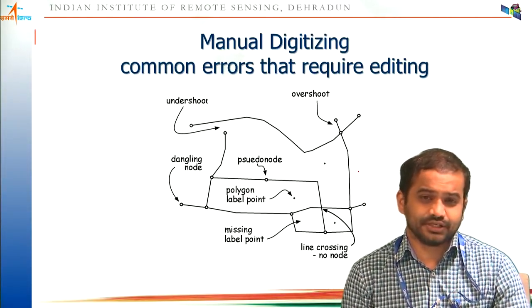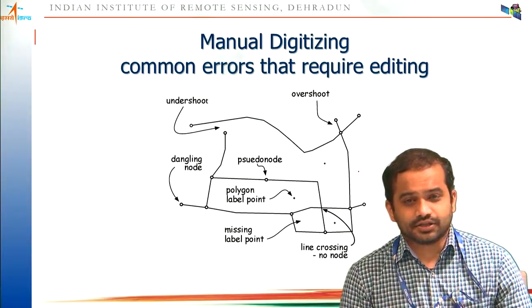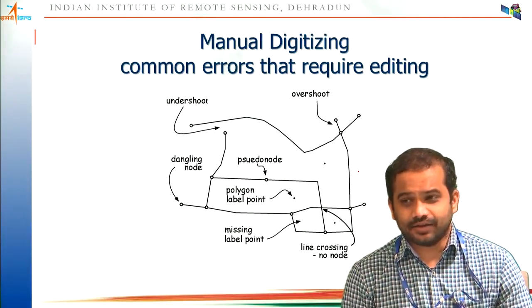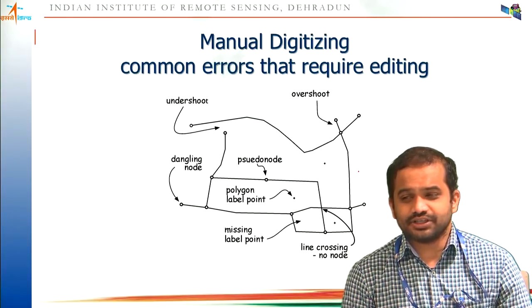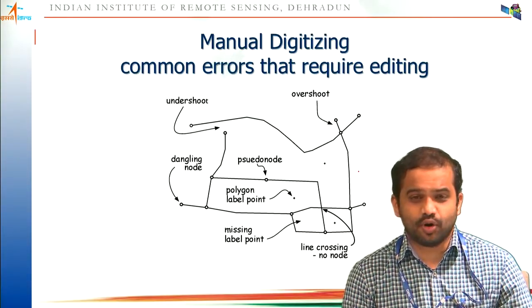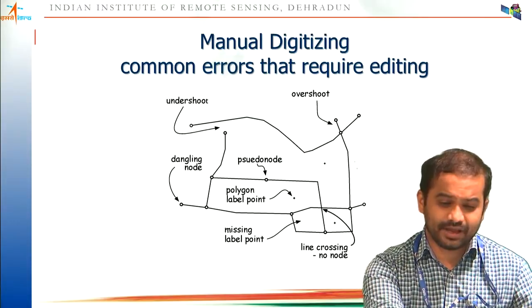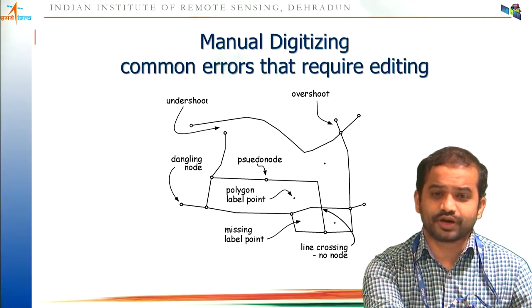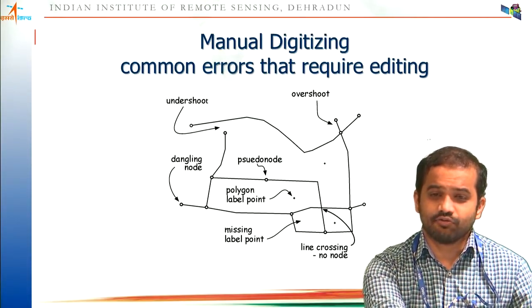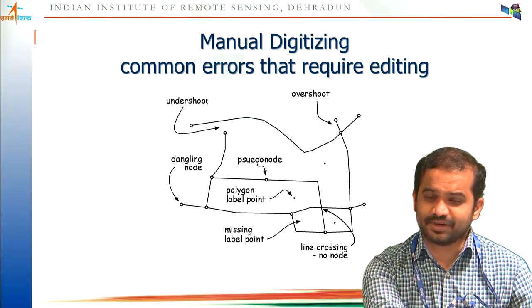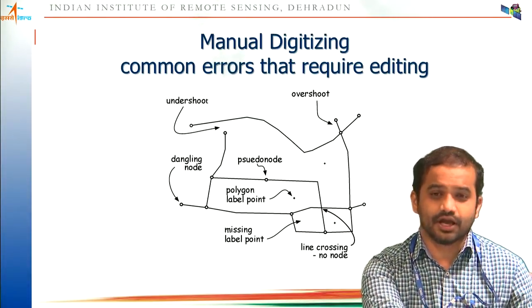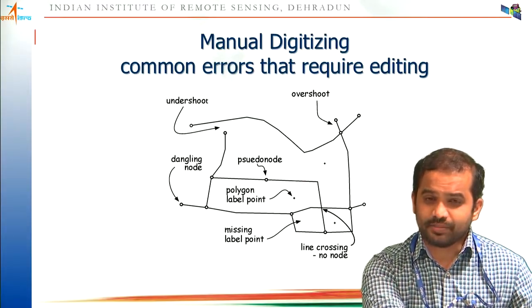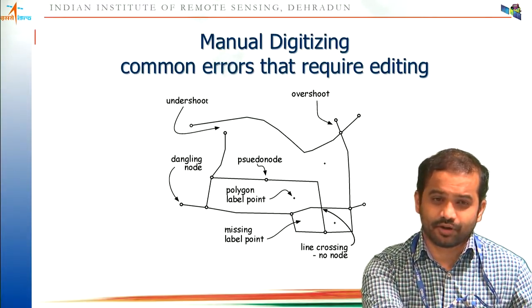Now, if you are digitizing, what kind of errors can come? As we discussed, you can use the stream mode, where wherever you move your cursor, a line is automatically created unless you press a special button like right click or double click. Another is called the point method, where you click on one point.